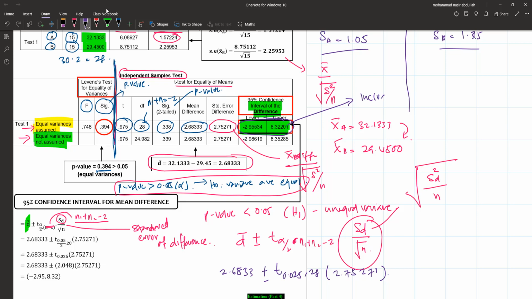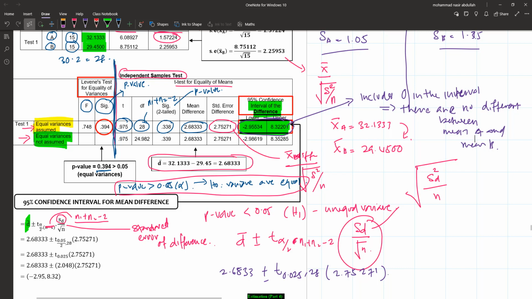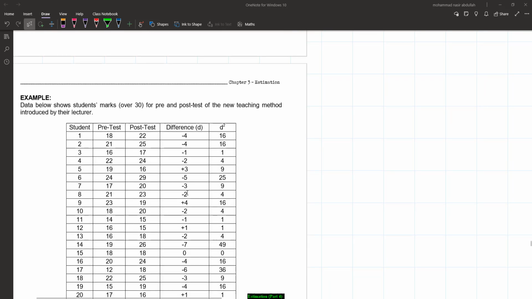When the confidence interval includes 0, there is no difference between mean A and mean B. Okay, this is how we calculate the confidence interval for the mean difference.